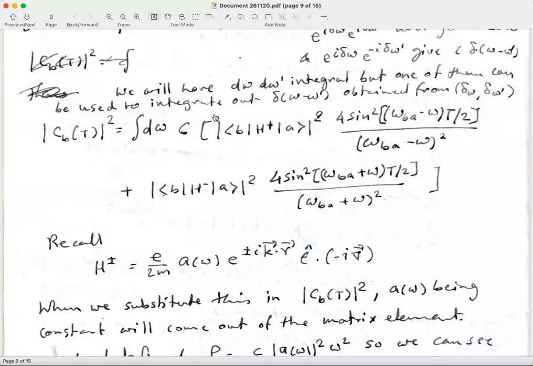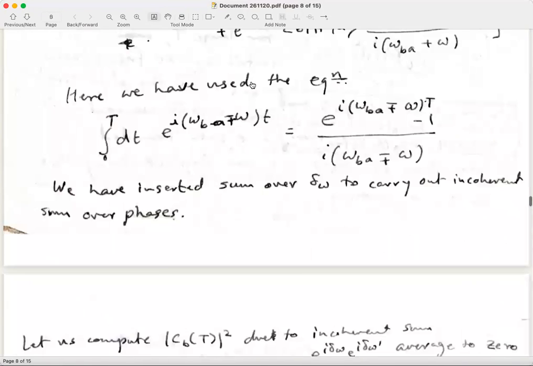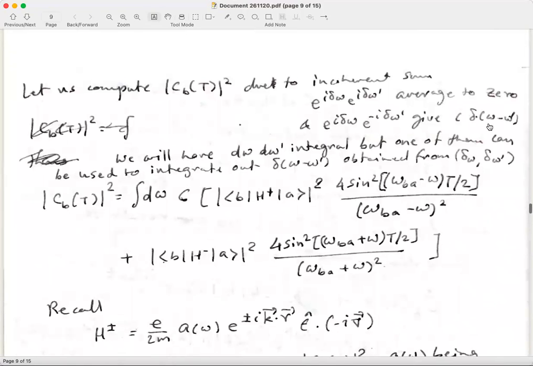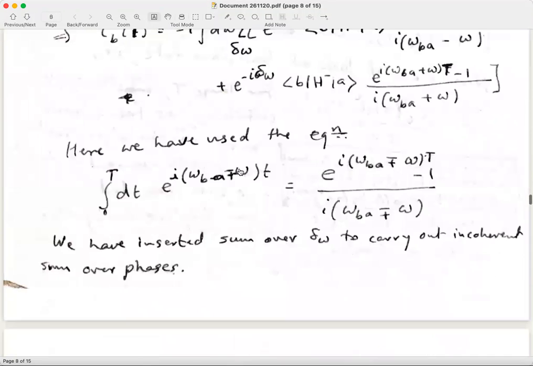Okay, so this is something I had mentioned some time ago, that we would get two integrals because you are doing mod squares of these quantities, but one of the integrals can be eliminated by using the delta function. That is the averaging process, which gives you a delta function. You have a single integral over omega left over after eliminating that delta function through one of the integrals, and what you get, as I explained a few minutes ago, is mod square of h plus and mod square of h minus, and no cross term.